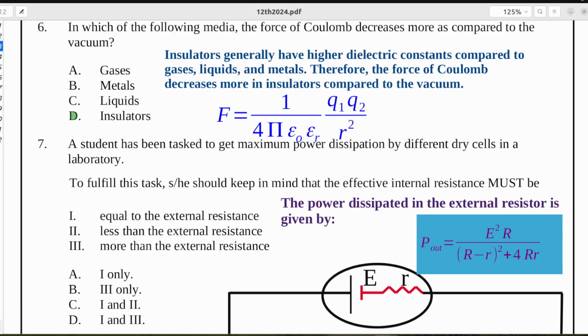If this factor is 0, then we have the maximum power dissipation, and this factor will be 0 when capital R is equal to small r. That means when external resistance is equal to internal resistance. So, we have the correct option as option A, 1 only.